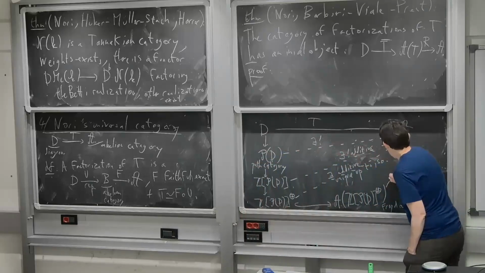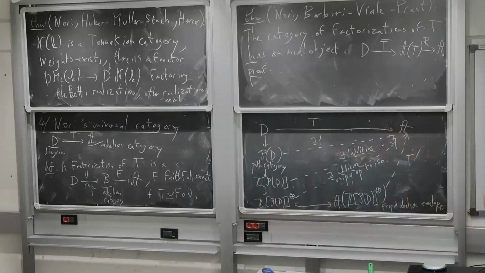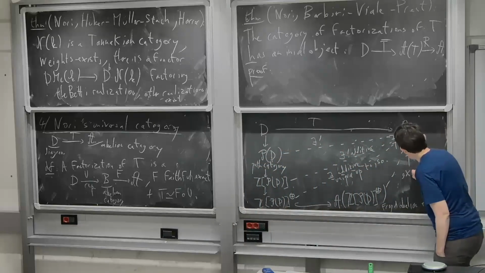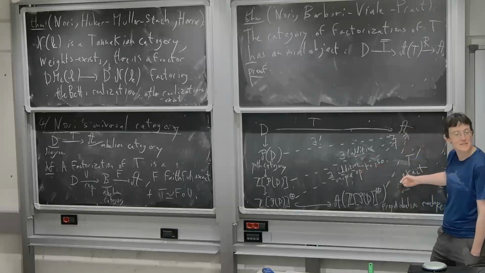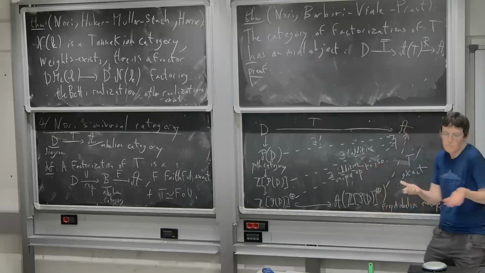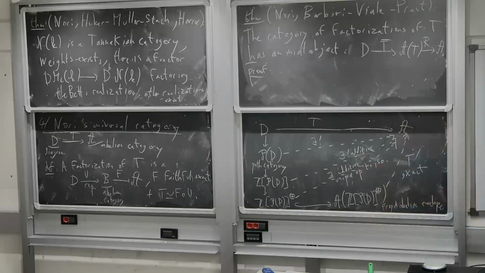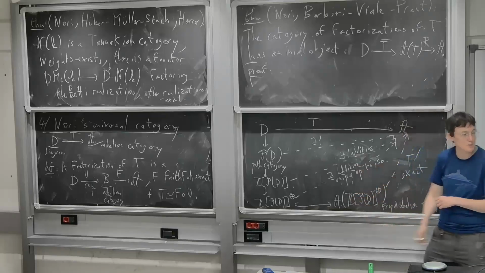I'm going to tell you in a second what the abelian envelope is. It's an abelian category with the universal property that every additive functor extends essentially uniquely to an exact functor. Roughly, you formally add kernels and cokernels. It's a little bit more complicated. It's actually the most complicated construction here, which is why I'm not giving it.